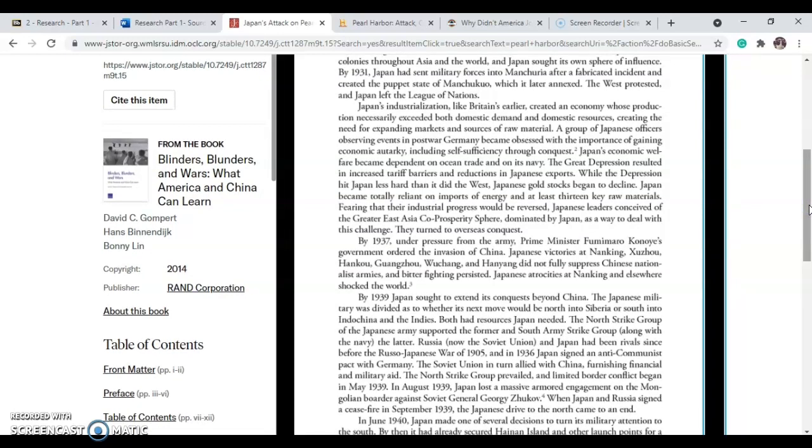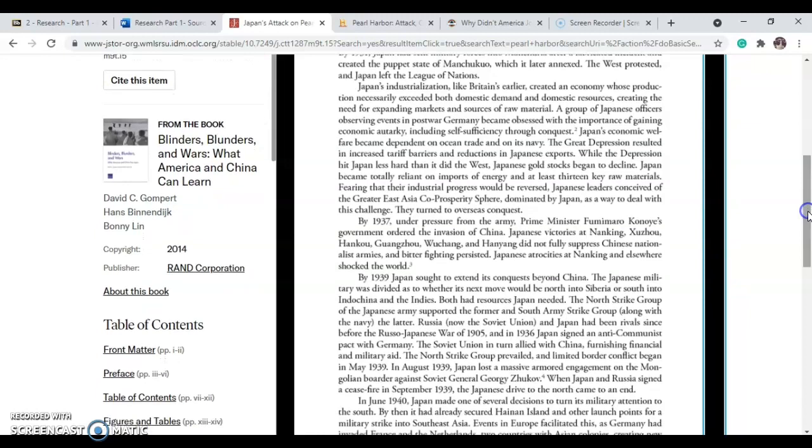And so, because of that, Japan finally signed the Tripartite Act in 1940, which was when Japan joined with Italy and Germany as the Axis powers. It's all coming together to see how Japan allied with Germany and Italy.